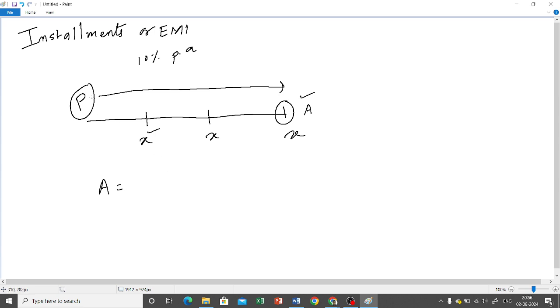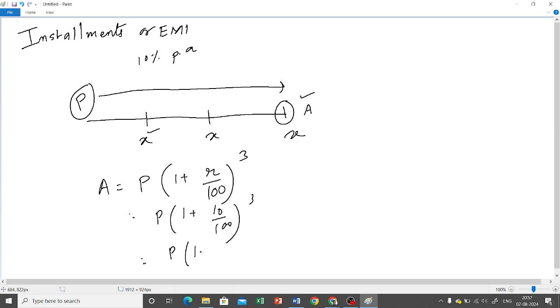If I want to bring P to its current value at this point A, then the value of P at A is going to be P into 1 plus R by 100 whole to the power 3. So that is P into 1 plus 10 by 100 whole to the power 3, which is P into 1.1 to the power 3.